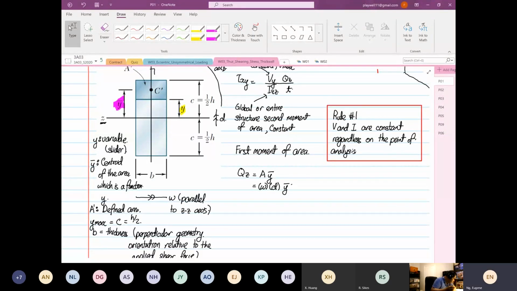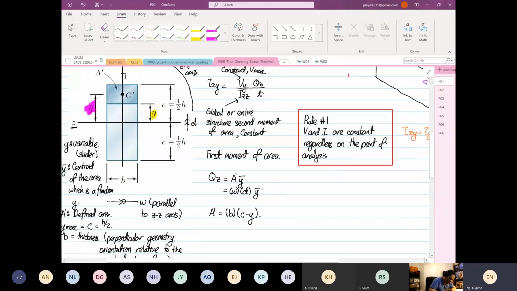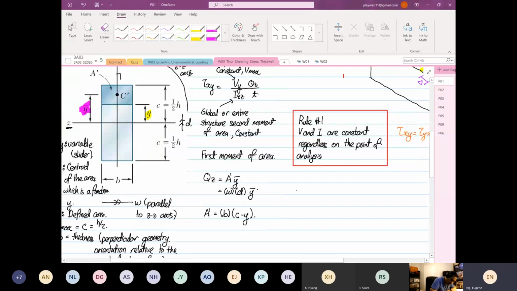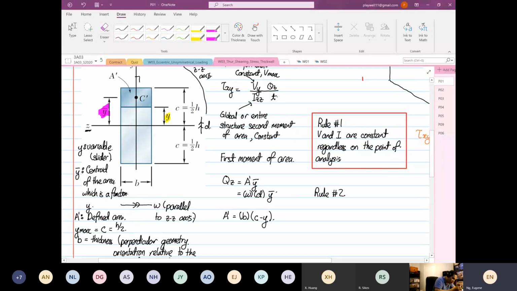So A prime is equal to B bracket C minus Y. And from here we set rule number 2. The Y, I'm going to draw the direction of the Y. This is the direction. This is a slider. The Y will start from the datum and move outwards.